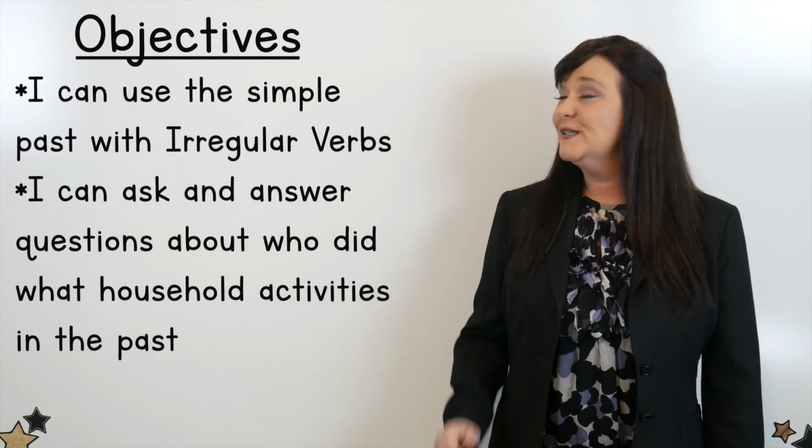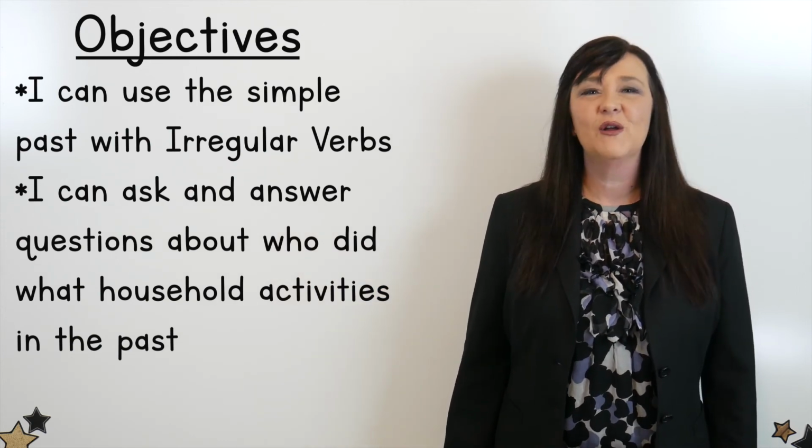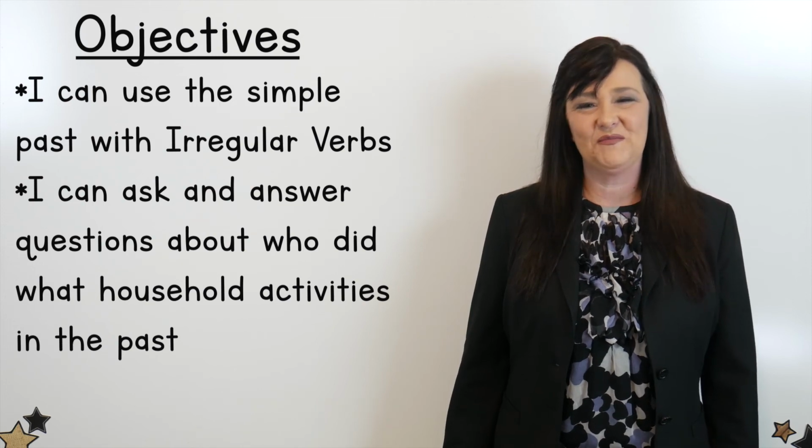So hopefully that was some good practice in answering and asking questions. Let's go ahead and look at today's objectives and see how we did. The first objective says, I can use the simple past with irregular verbs.